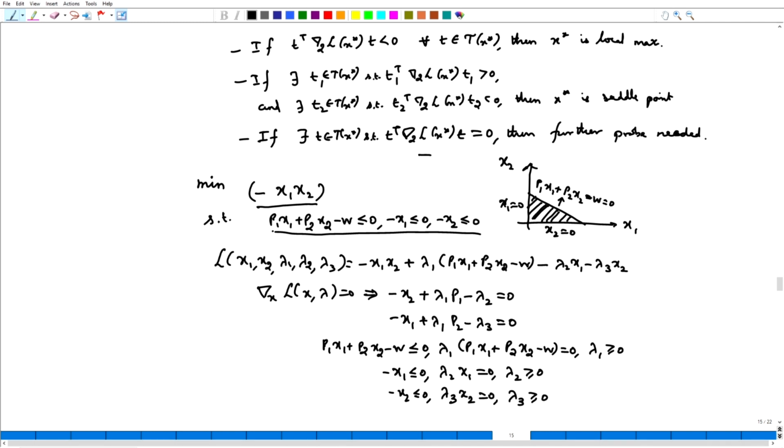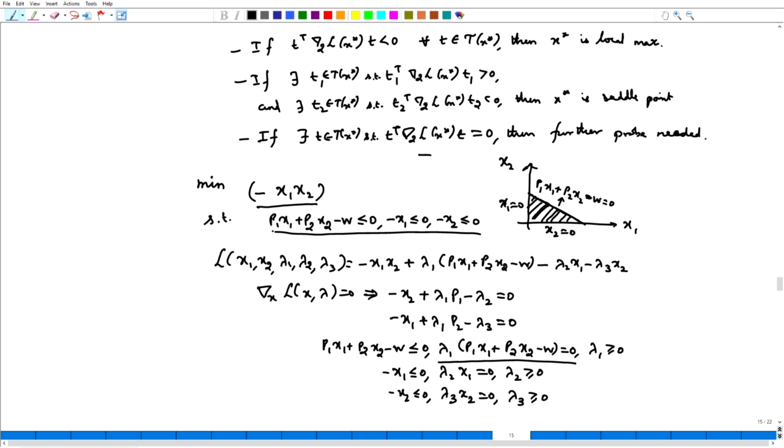So, the answer is actually going to lie on this particular line, because it cannot lie inside. So, since lambda 1 into p1 x1 plus p2 x2 minus w is equal to 0, that is automatically satisfied because p1 x1 plus p2 x2 minus w is actually equal to 0.